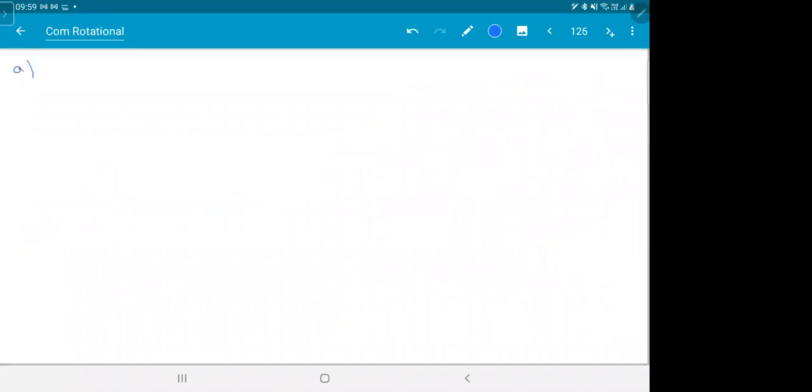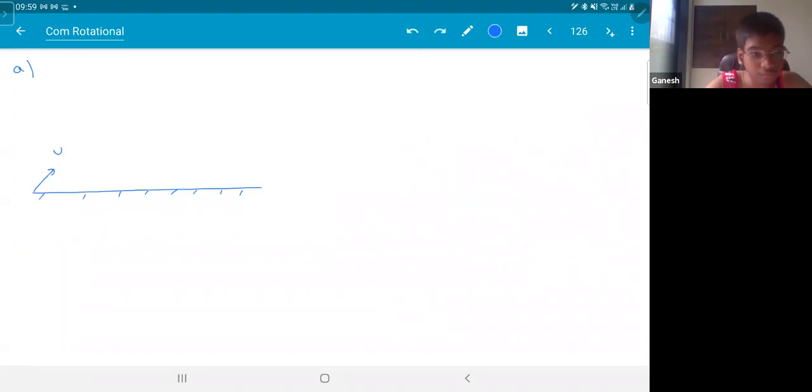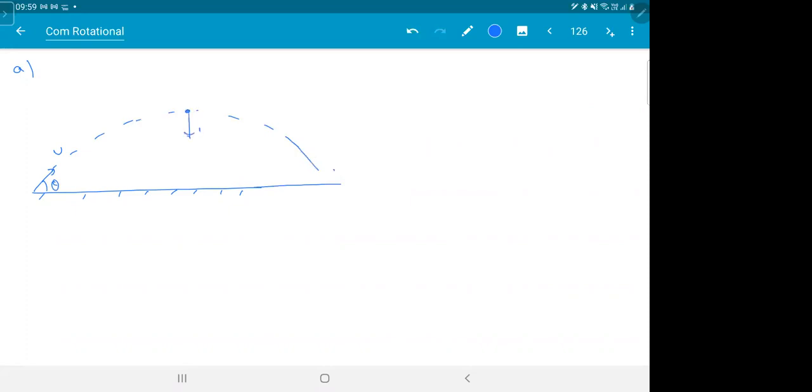Let me show you how to do this. How many forces are acting? Anyone? Only one force, mg. So at h max, mg is there. What is the perpendicular distance? Extend the force. Drop a perpendicular. Can someone tell me how much this perpendicular distance is? R by 2. Half of the range. Remember, h max will be at the midpoint.